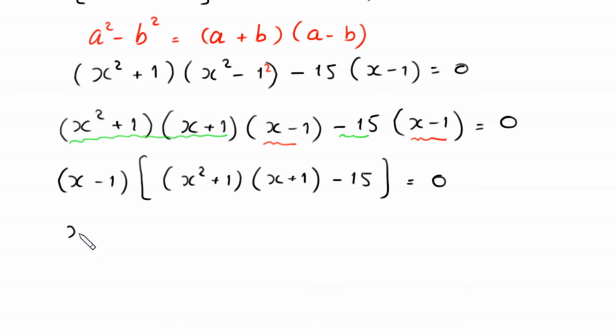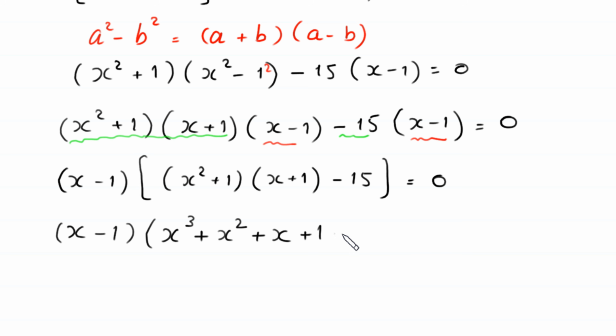Next, x minus 1 times, we multiply this x squared plus 1 by this x plus 1. So x squared times x will become x cubed, x squared times 1 plus x squared, 1 times x plus x, and 1 times 1 plus 1.